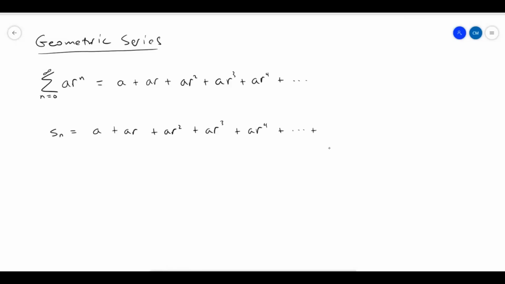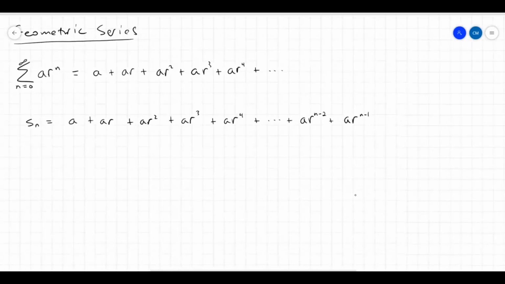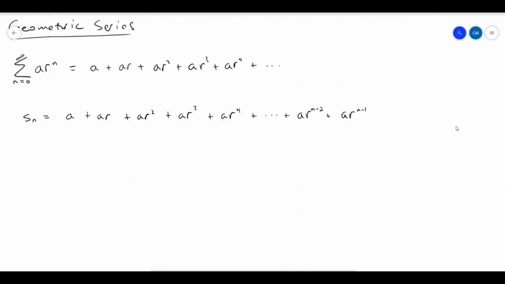Keeping in mind that I am looking at the nth partial sum, meaning I'm going to stop when I reach the nth term. Since this actually starts at 0, the nth term is going to end up looking like n minus 1. So we get n minus 2 and then n minus 1. Everybody see why we're stopping at n minus 1? It's because we're starting at 0. That's why the nth term ends up being n minus 1.